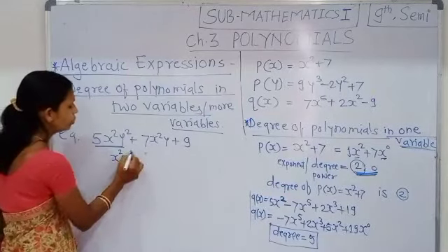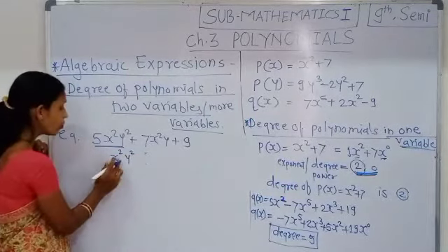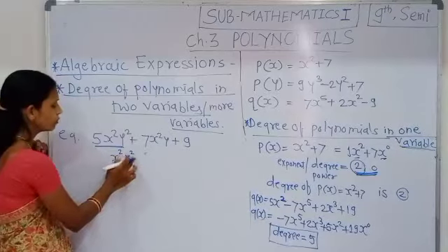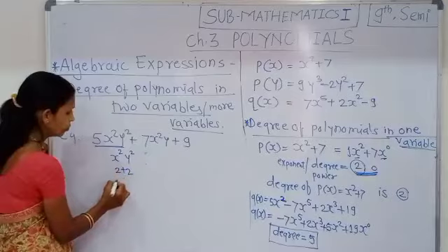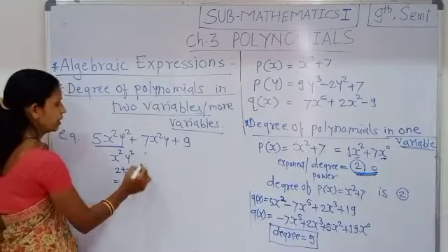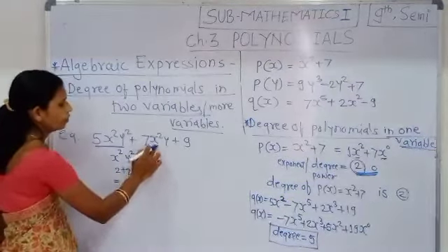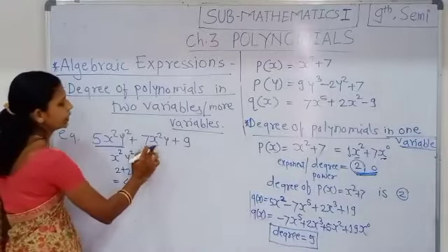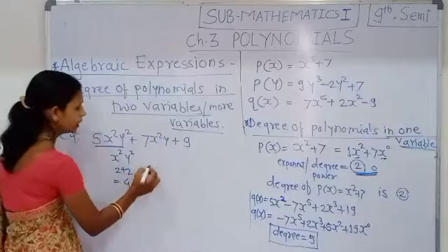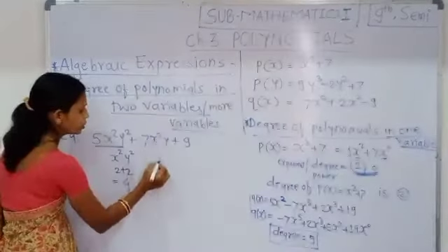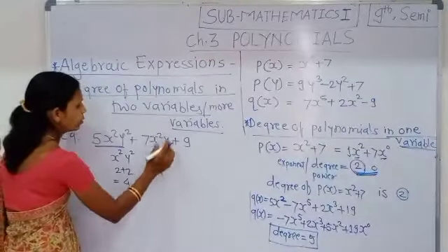Therefore we have to write the sum of the degrees of those two variables. Therefore here 2 plus 2, that is 4. In the second term, the degree of x is 2 and the degree of y is 1.